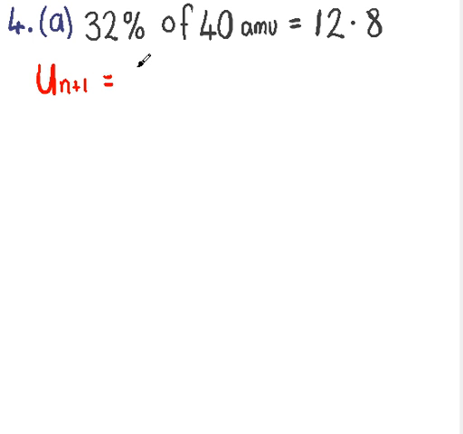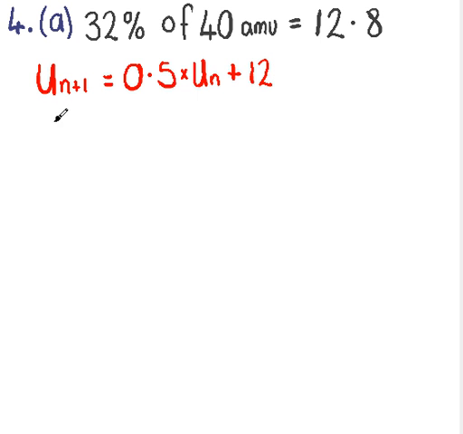So because it's decreasing, it must be 0 point something, and because it's decaying by half, it must be 0.5. So it's 0.5 times U(n), and then we're told that after it is bombarded, it recovers a mass of 12. So that means we are adding 12 at the end.